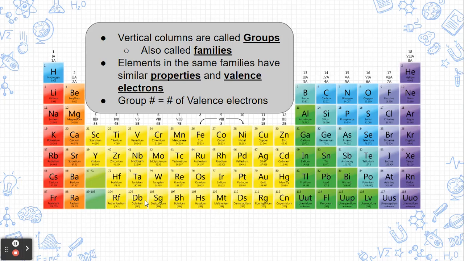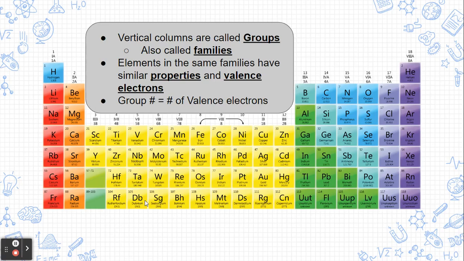They number the groups to tell you the what? No, not hashtag. Number. So the group number is the number of valence electrons. That's why if you understand how to read the periodic table, you can really know a lot just by looking at it.